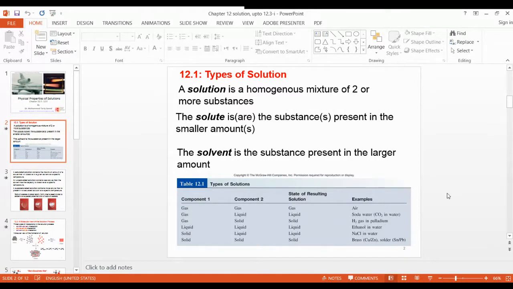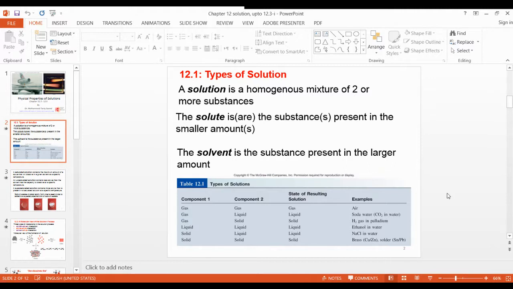What is the example? Sodium chloride in water, sugar in water. These are solutions. Sodium chloride is a solid, that is the solute, less quantity. And the liquid is water, that is the solvent. If you mix together, definitely you will get a solution, and that is also liquid.